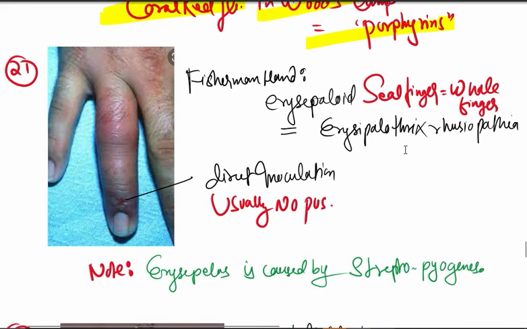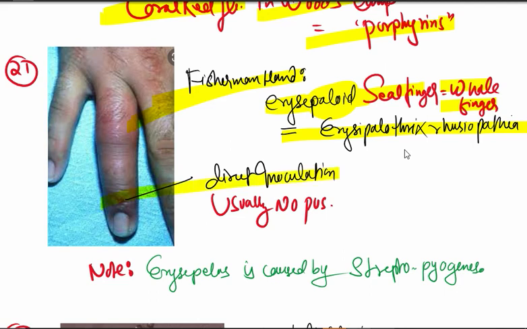Next one, fisherman's hand. This is the erysipeloid, also known as seal finger, whale finger, and it is caused by Erysipelothrix rhusiopathiae. There is a direct inoculation in the finger skin.